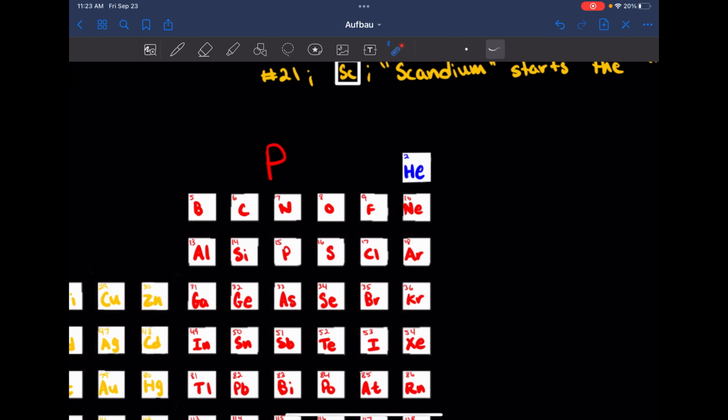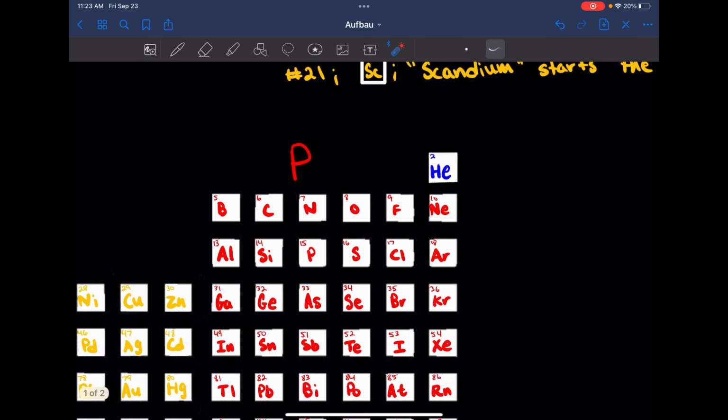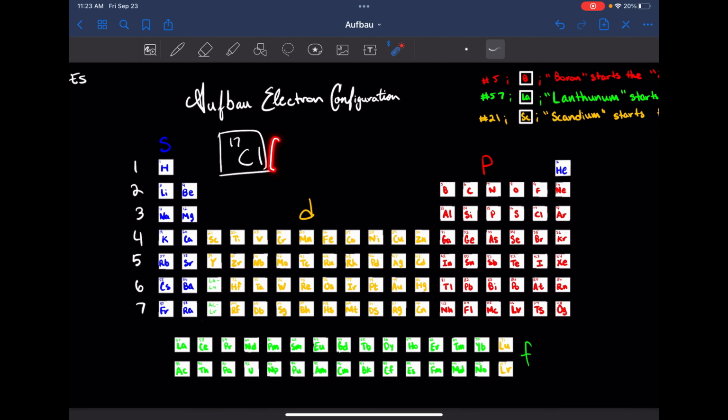The noble gas for that period is neon. So we can write neon in brackets like that. And then after that, we can immediately jump to the next period, and we see we have 3s2. And then 3p, 1, 2, 3, 4, 5, 3p5.